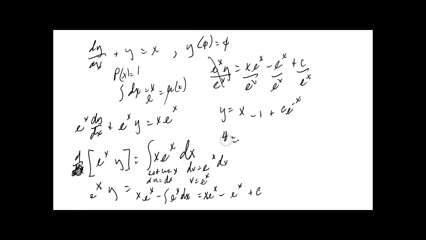So this will be 4 is equal to minus 1 plus c. x equals 0, that's correct. Oh, minus 0 is still 0. Okay, good deal. All right. That's good. Okay.